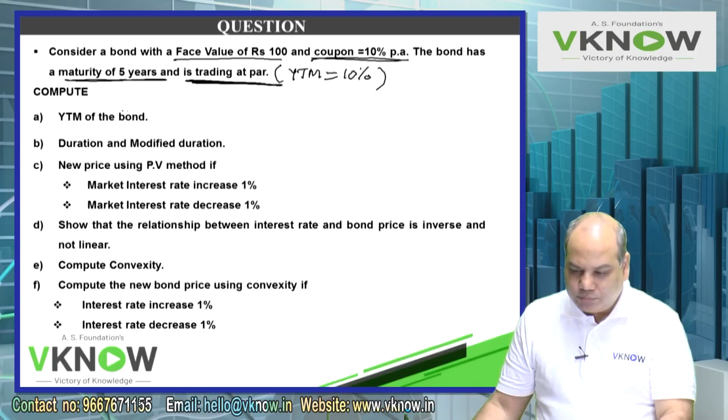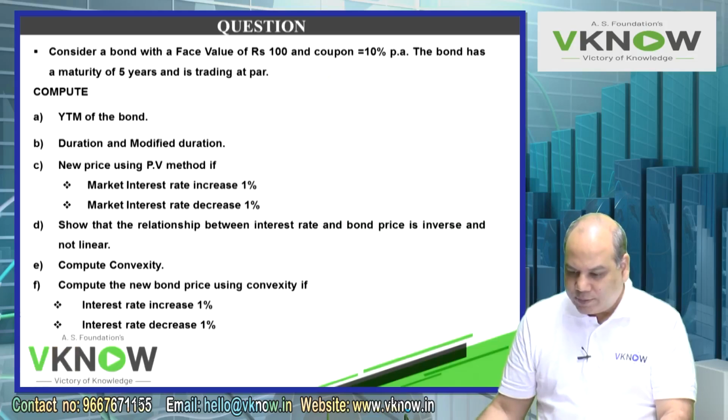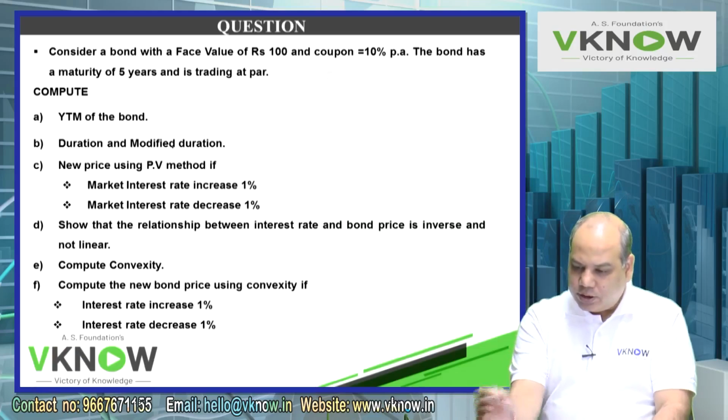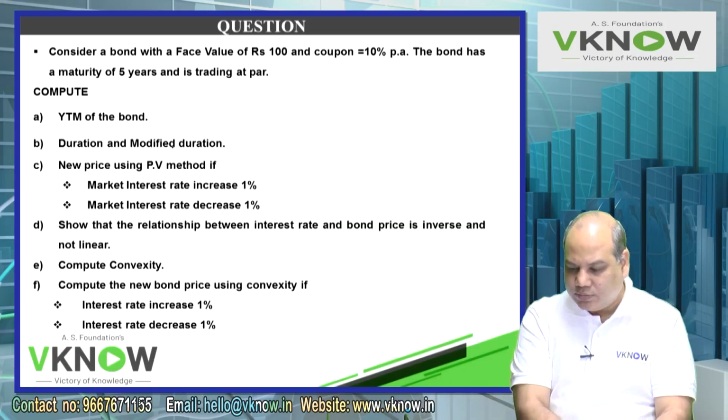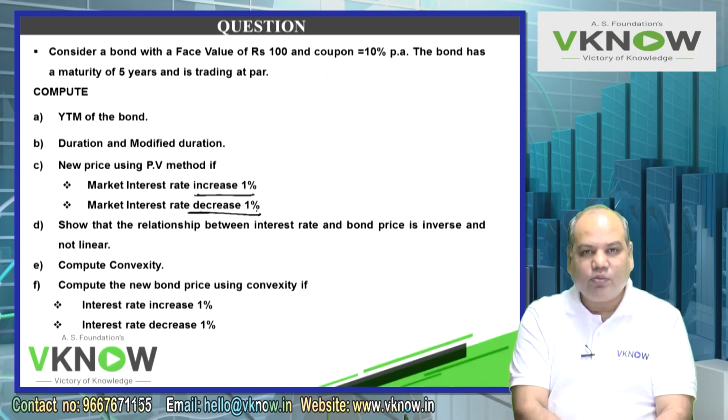Write down, compute. You can write yourself fast. YTM of the bond, which I have already mentioned in the question, will be 10%. Duration and modified duration were already calculated in the previous question, you will get the same answer. New price using PV method, if market interest rate increases 1%, market interest rate decreases 1%.